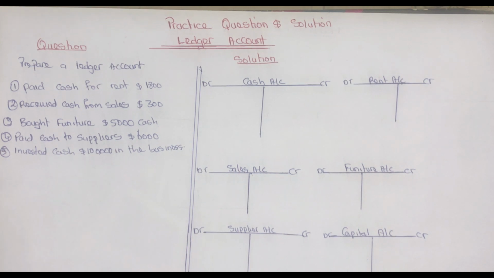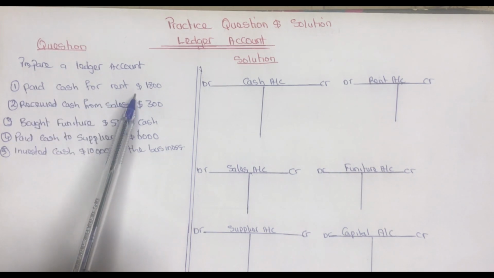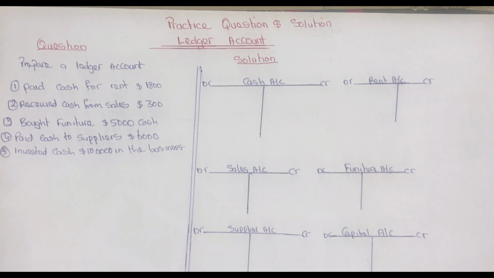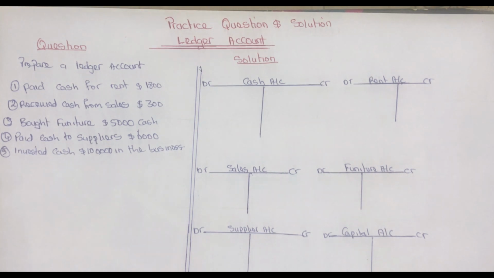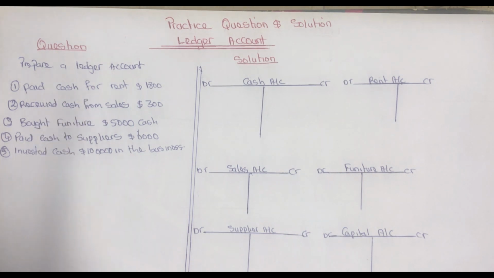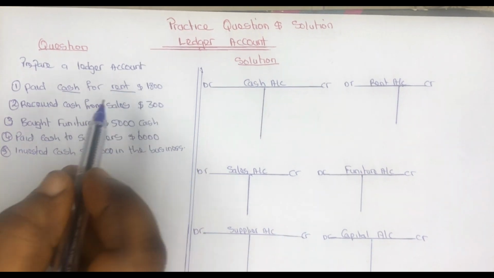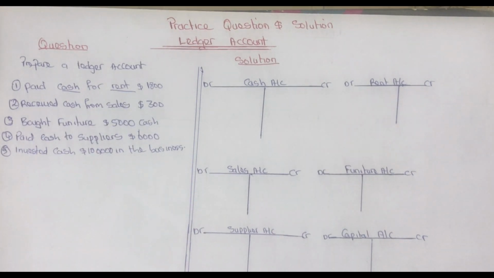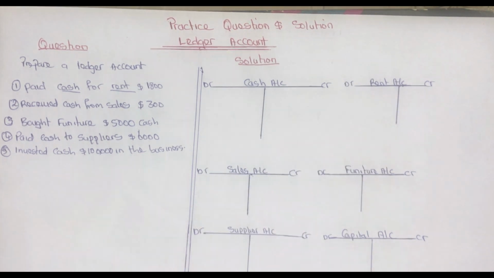So the first question says, paid cash for rent, $1,800. So remember, cash is an asset and rent is an expense. So the two accounts in this transaction are the cash account and the rent account. So we have a ledger account for the cash and the rent.